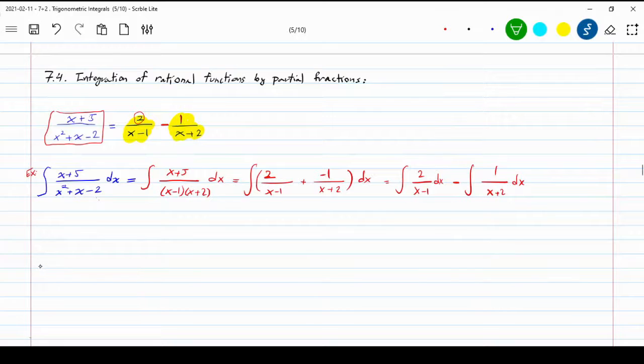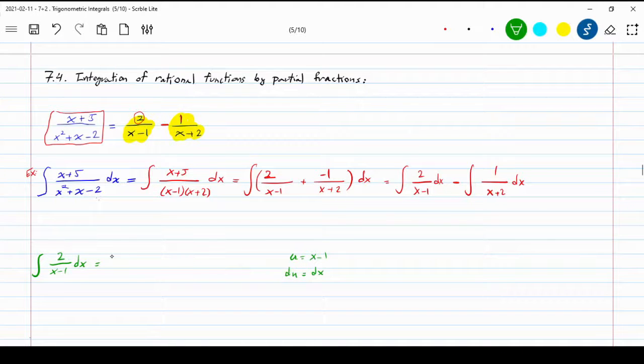But here I'm going to do, for example, the integral of 2 over x minus 1 dx. You can use substitution. Say u equals the denominator, x minus 1. The good thing about this is that it's a linear function, x minus 1, with no power for x, so the derivative of x minus 1 would be simply dx.